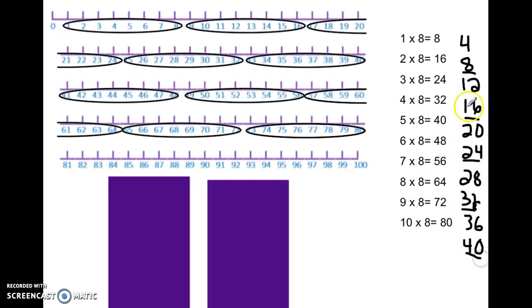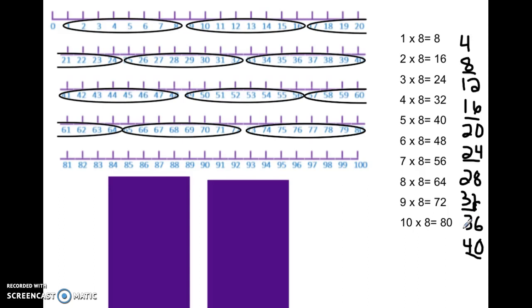So you'll notice that it alternates. Every other 4 is also an 8 count by. And if you think about it, it makes sense. If you double 4s, you get 8s, right? So if I double 4, 4 times 2, I get 8. So every other one gives you an 8.